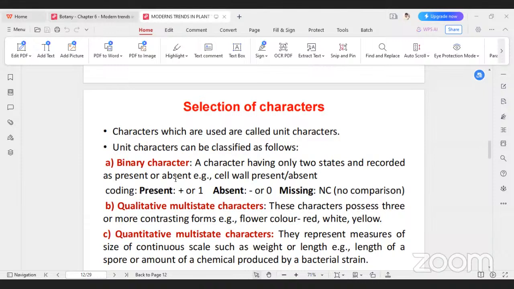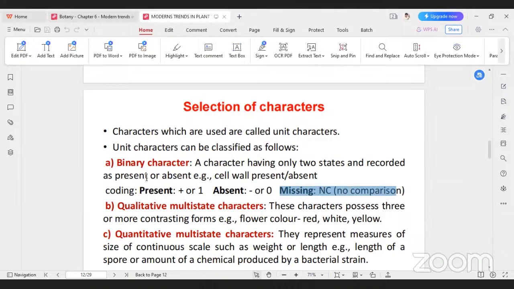Present is represented with plus or one, absent with minus or zero. Missing means that the character has not appeared, so there is no comparison: NC, no comparison. That is one of the methods.